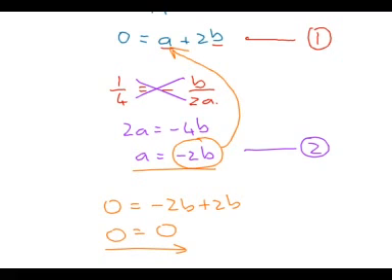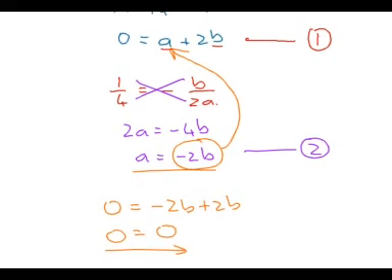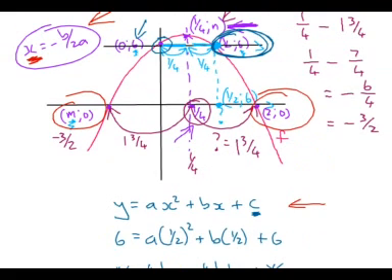Okay, so we have 0 is equal to 0. Okay, that's odd. I don't know what to do from here. It obviously points to a problem. Okay, we have a problem. Somewhere along the line, we now have a problem. We need to go back and see what we did wrong, because 0 is equal to 0, but we haven't solved anything. We've just proven that 0 is equal to 0.